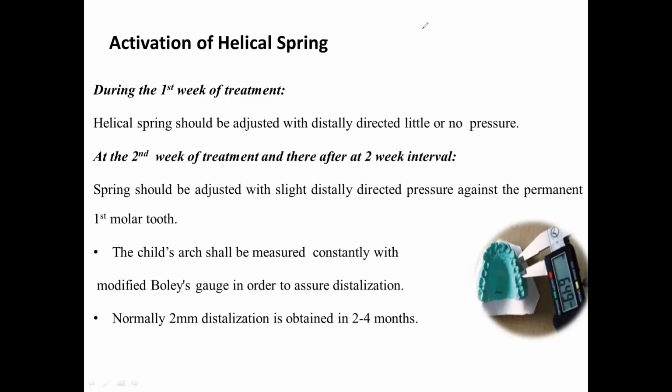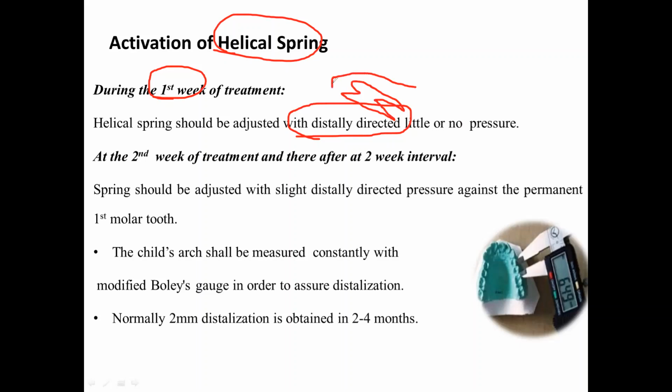So how do we do activation of the appliance? By working on a helix. Number one, when and how do we do activation of the appliance? According to literature, during the first week of treatment, the helix should be adjusted by giving a distally directed pressure, because we need the tooth to be distalized. So that's why the pressure should be distally directed.